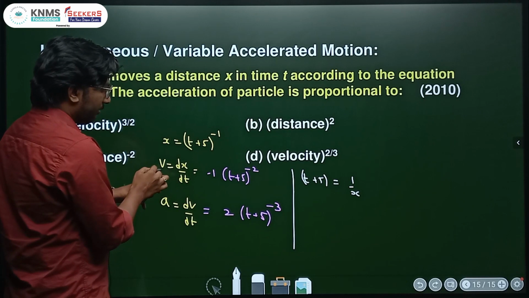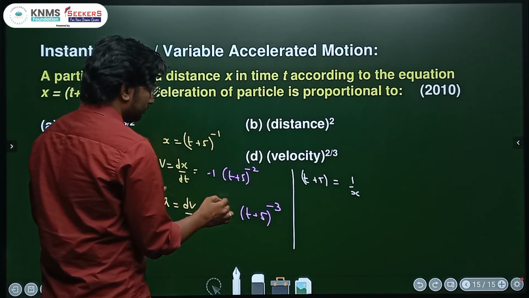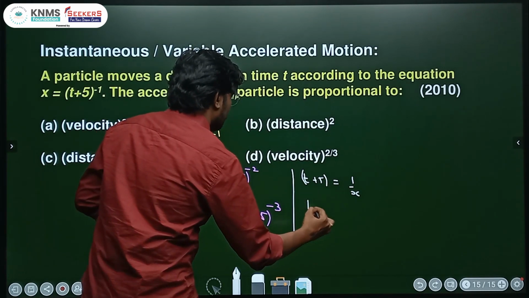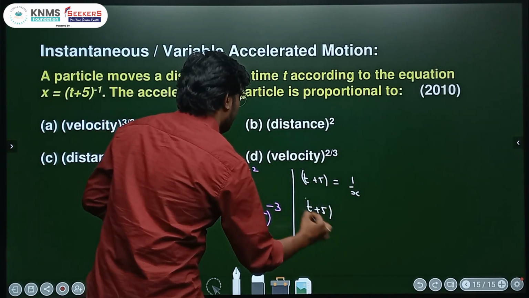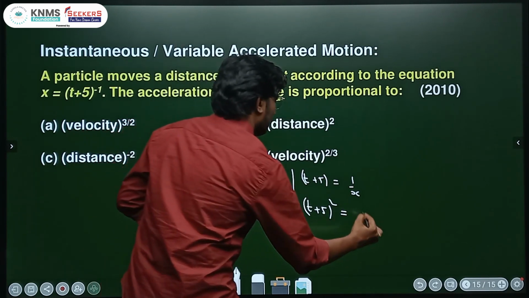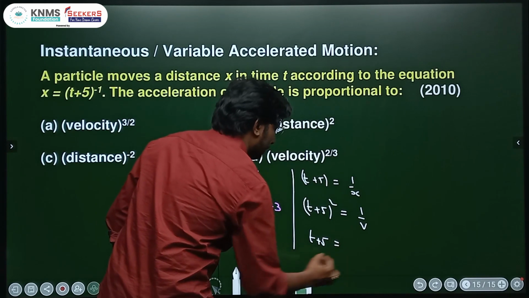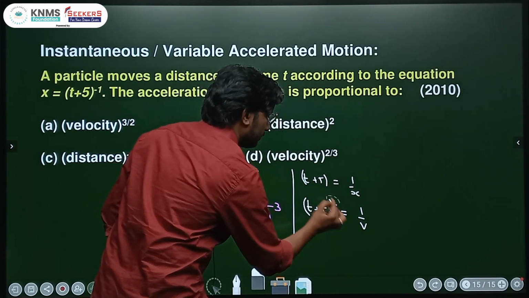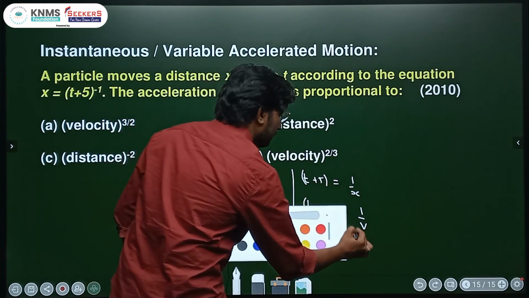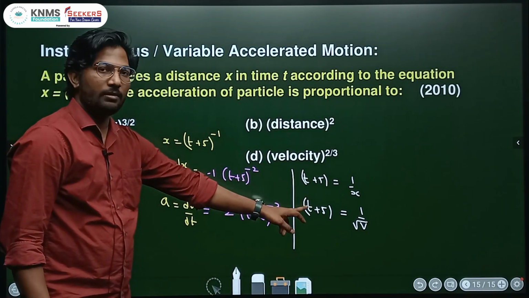On the other side, for velocity, we can write (t plus 5) whole square is equal to 1 by v, or I can just erase this square and make it a root in this place. So this is what we can replace t plus 5 with.